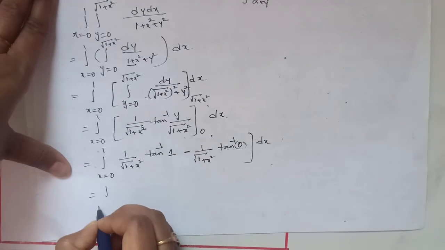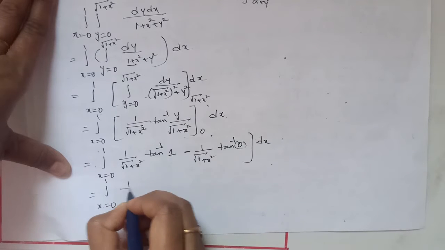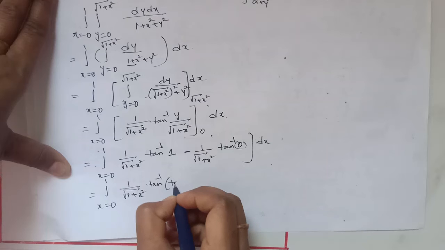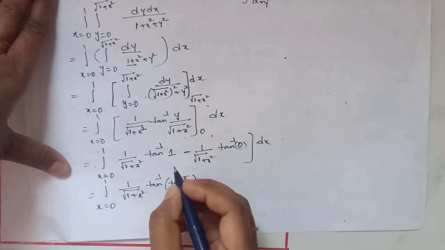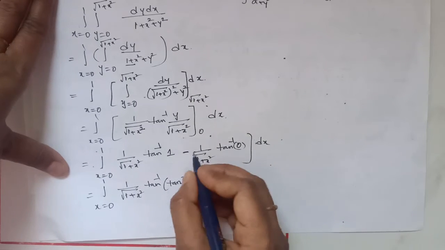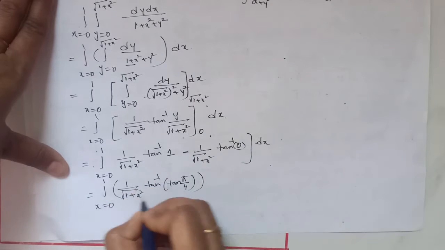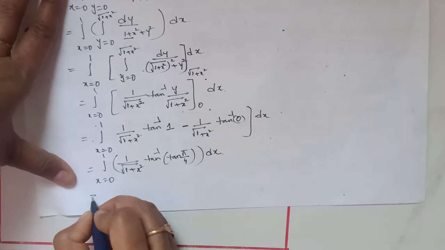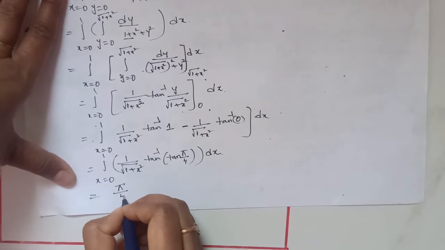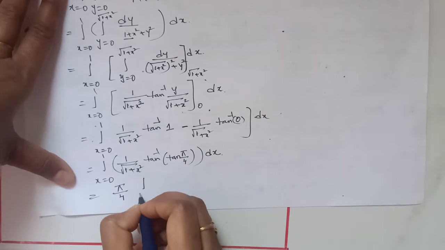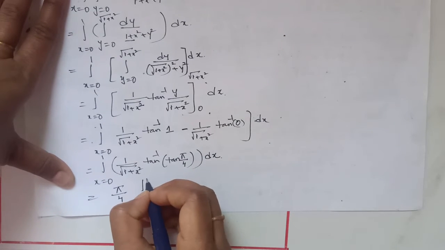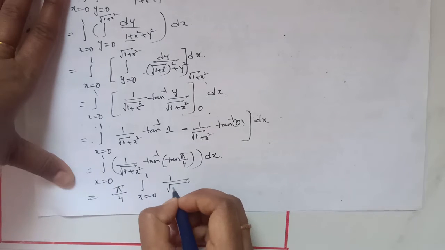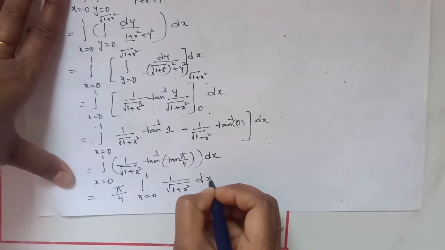This is equal to integral x from 0 to 1 by root 1 plus x square, tan inverse of 1. 1 can be written as tan pi by 4. We get this term 0 into dx. Now tan inverse tan gets cancelled. We get pi by 4 outside of the integral, integral x from 0 to 1 by under root 1 plus x square into dx.